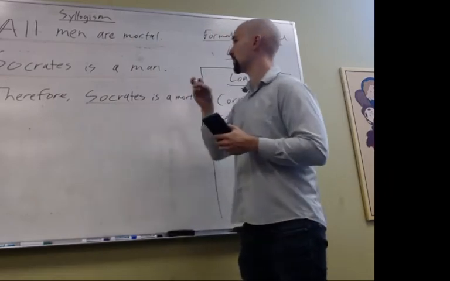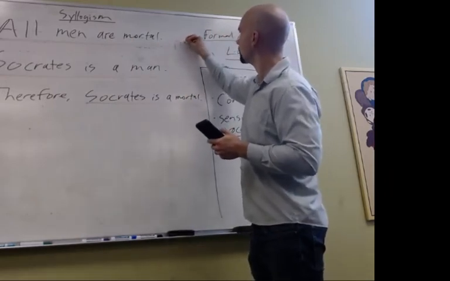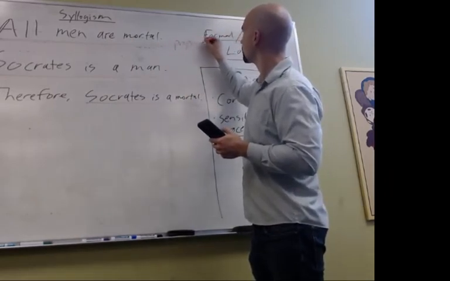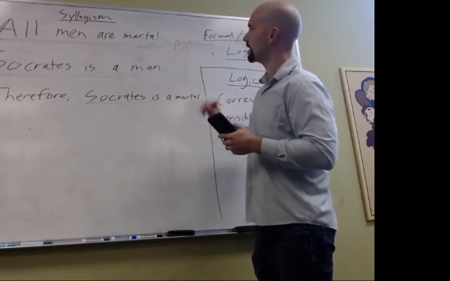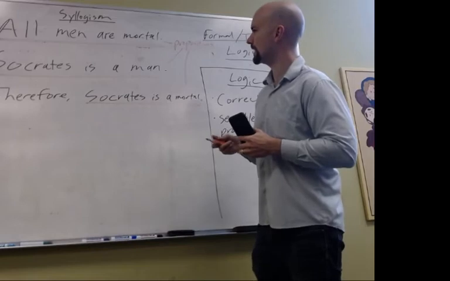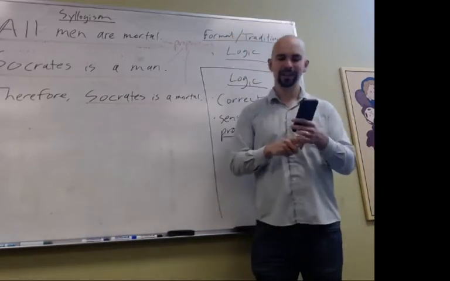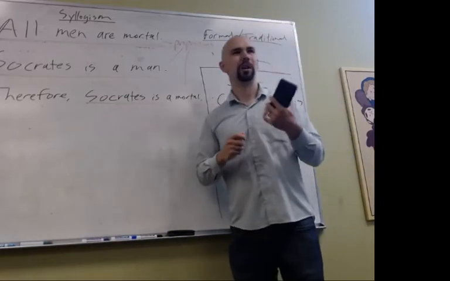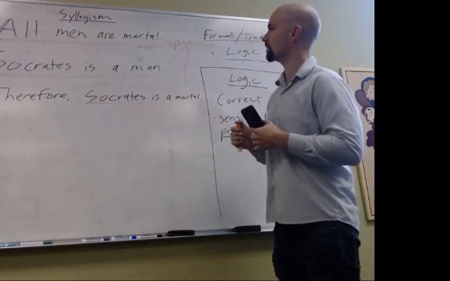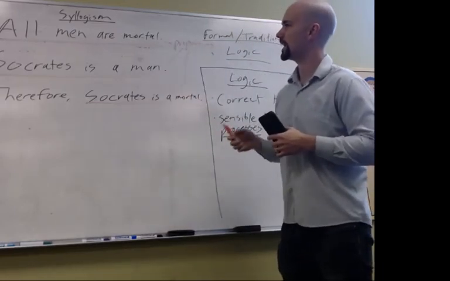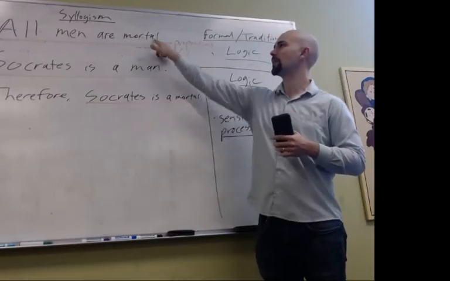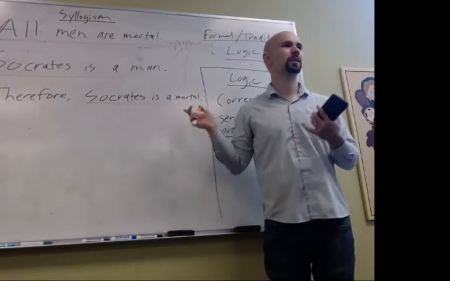Our 3 propositions are: number 1, all men are mortal; number 2, Socrates is a man; and number 3, Socrates is mortal. I'm kind of jumping ahead to propositions right now, but I just wanted to point out that it's made up of 3 statements, and the idea behind the syllogism is that if statement 1 is true and statement 2 is true, then statement 3 should be true as well.